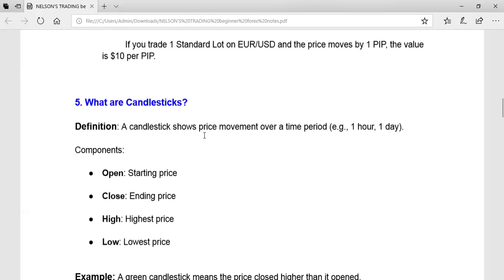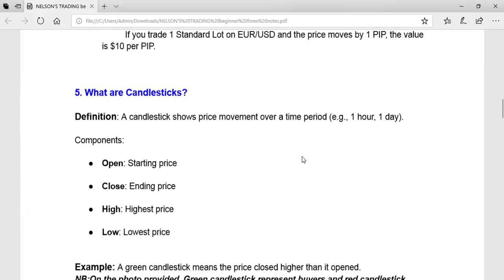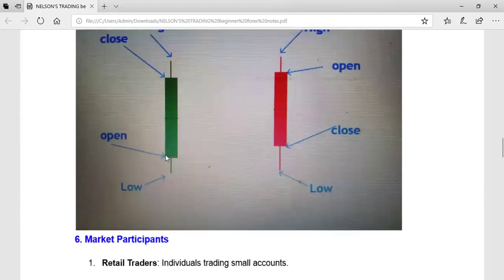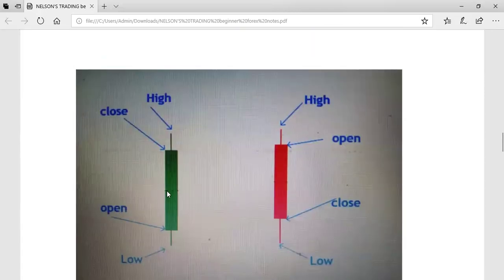So candlestick shows the price movement over a time period, for example, 1 hour, 1 day. So a candlestick usually represents price over time. So it is representing price and time. So we have the open, we have the close, we have the high and low of the candlestick. So we come to this point. This is the candlestick.